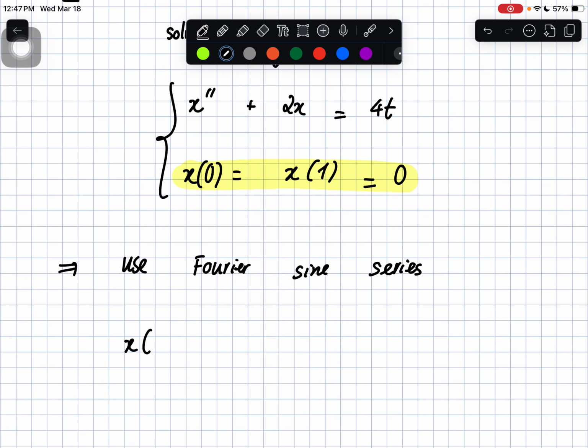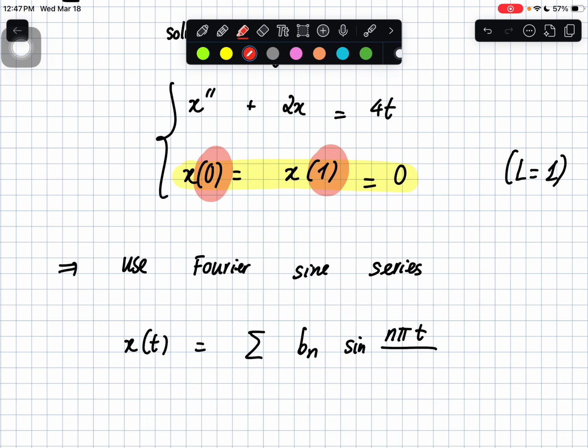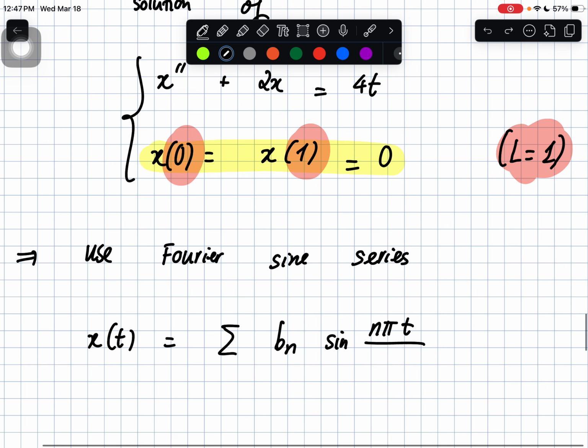So x(t) is the sum of Bn sine n pi t over L. L in this case is equal to 1 because it goes from 0 to 1.